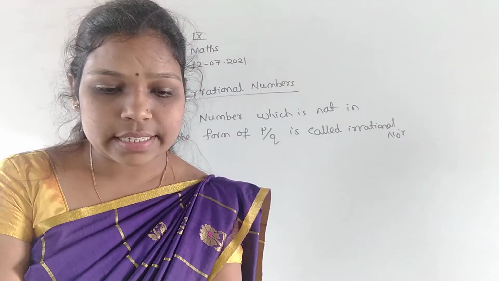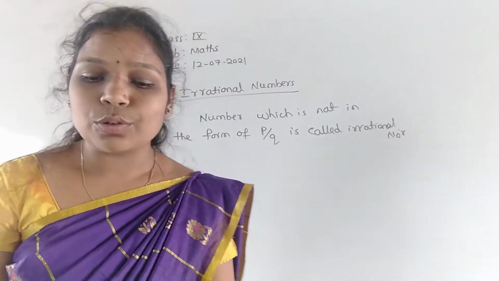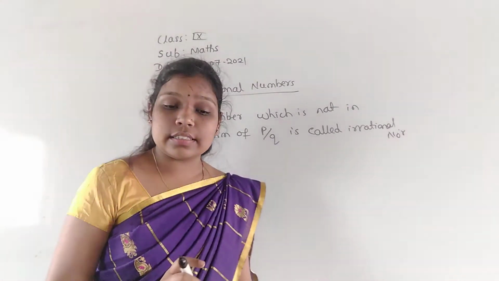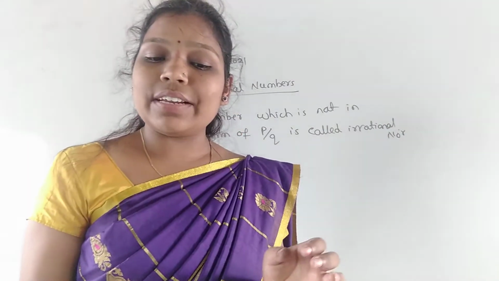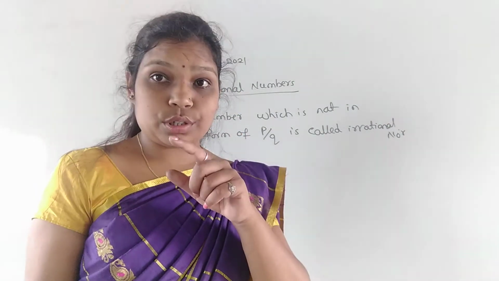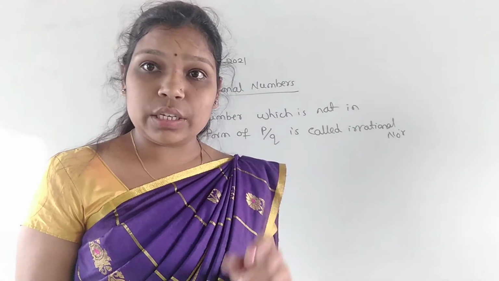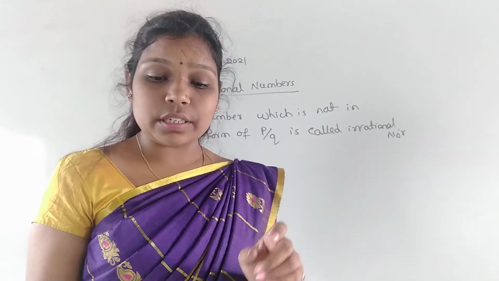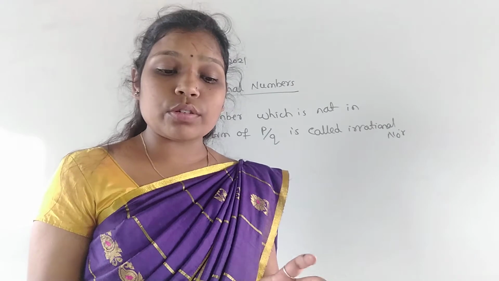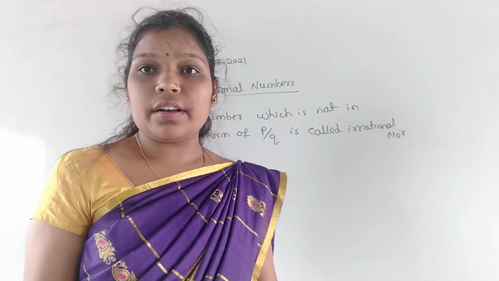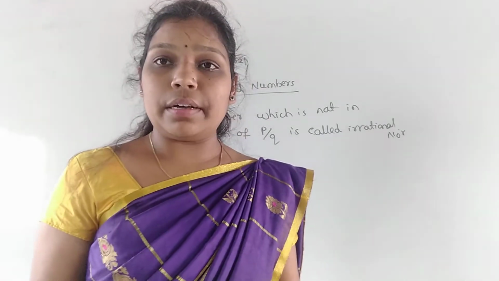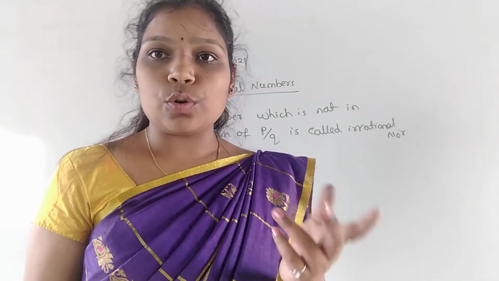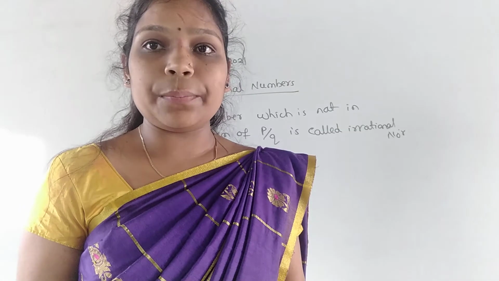Here we have to locate... first see what the meaning is. Recall that when we use the symbol square root, we assume that it is the positive square root of the number. If it is a perfect square, then only the square root exists. See here, the square root of 4 is 2, we can get that, but what is the square root of 3?